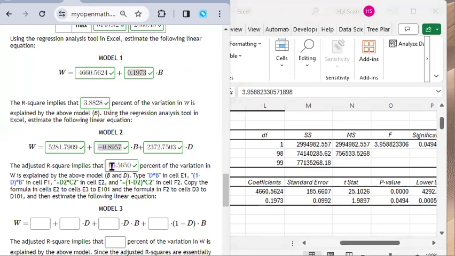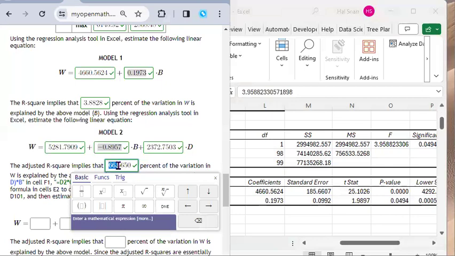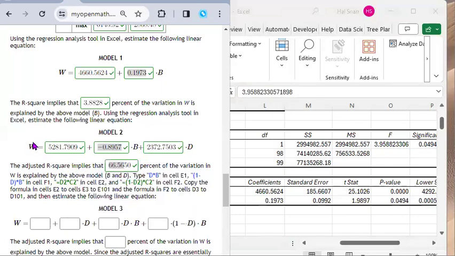Down here, this adjusted R-square says 66.6% of the variation in W is explained by this model, whereas only 3.8 or 3.9% of the variation in W is explained by that model. So I think we can conclude that this model is preferred to model 1.